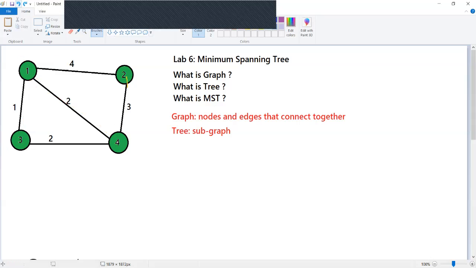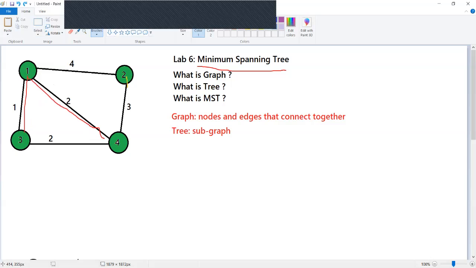But for the minimum spanning tree, the first criterion is that it has to go to every node in the original graph. It has to go to every city. So the previous tree, this one right here, fails to satisfy this condition because it only goes over 3 nodes, like 1 and 3, right?